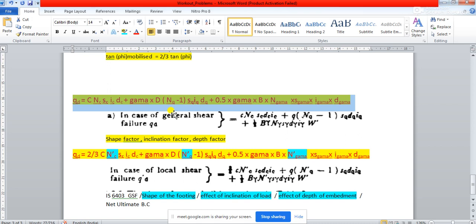So Indian Standard Code has taken the consideration from Meyerhof's formula, which is taken from Terzaghi, and from that formula Indian Standard Code has introduced this formula, and the values of SC, IC, DC are calculated and taken in Indian Standard Code as per the recommendation given by Indian standards, okay.